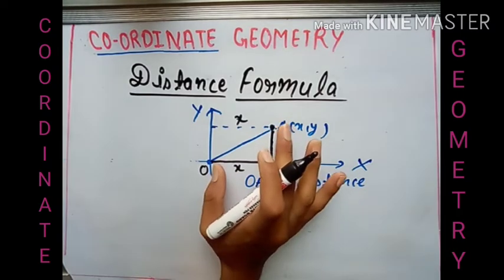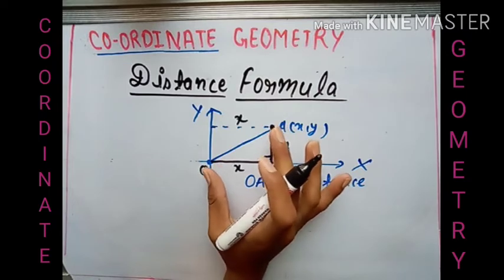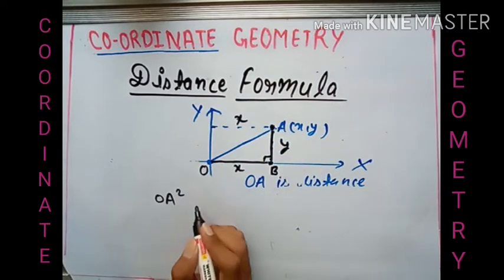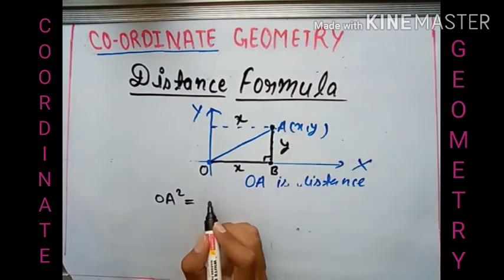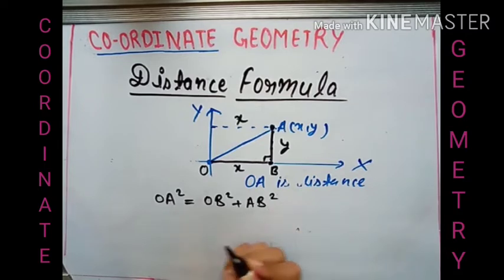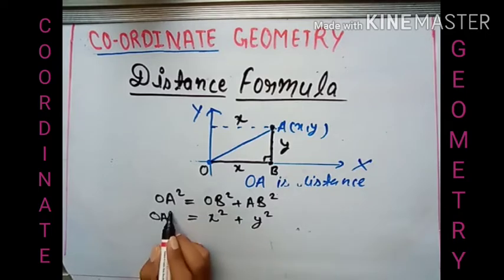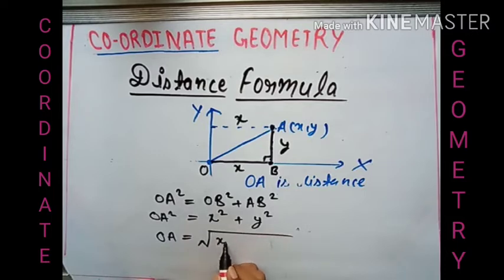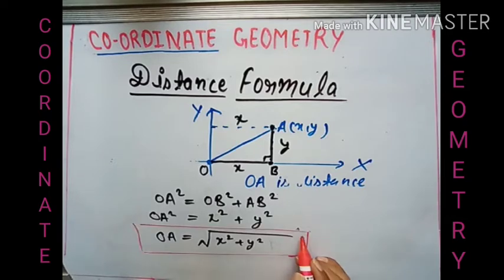Suppose that OA is the side which is also the hypotenuse, then OA square will be equal to OB square plus AB square. Now putting the values, since OB is equal to x, it becomes x square, and AB is equal to y, so it becomes y square. OA square is equal to x square plus y square. Finally, taking the root on both sides, OA is the square root of x square plus y square. So this is the distance formula we have derived.